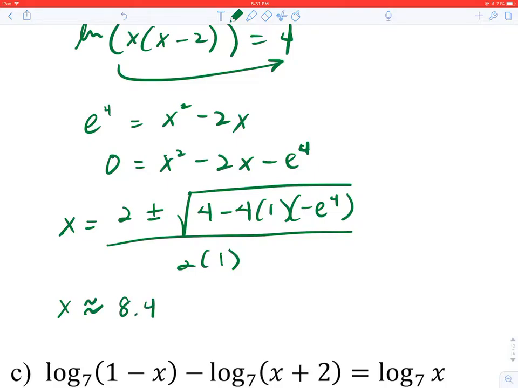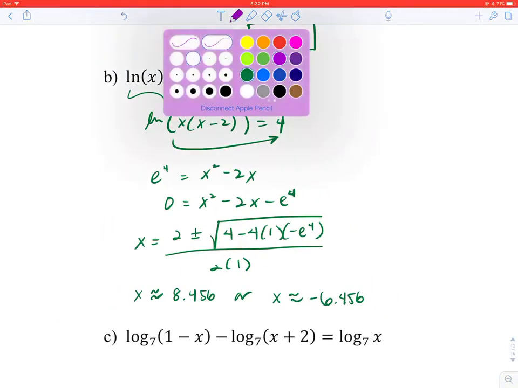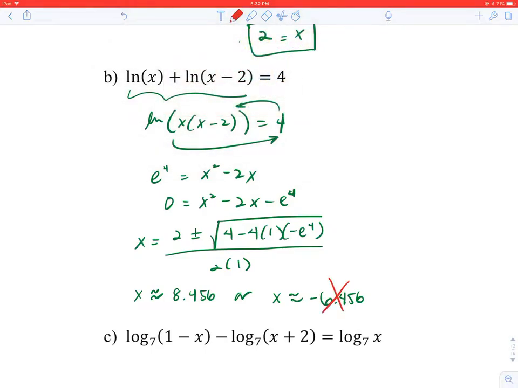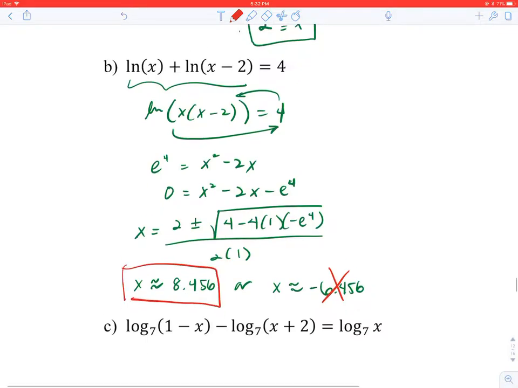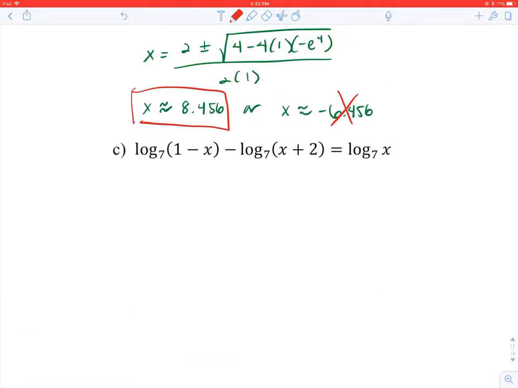Divided by 2. So I get 8.456 or negative 6.456. If we check, this guy's not going to work. Only solution is 8.456.